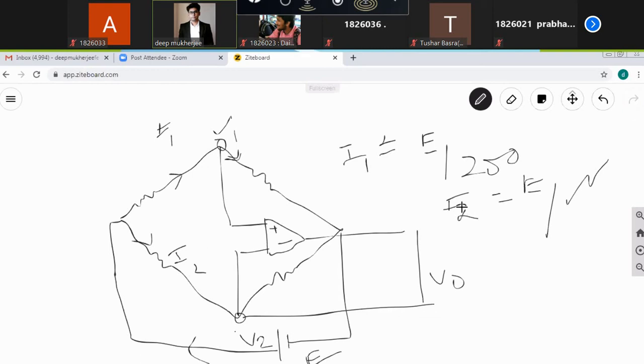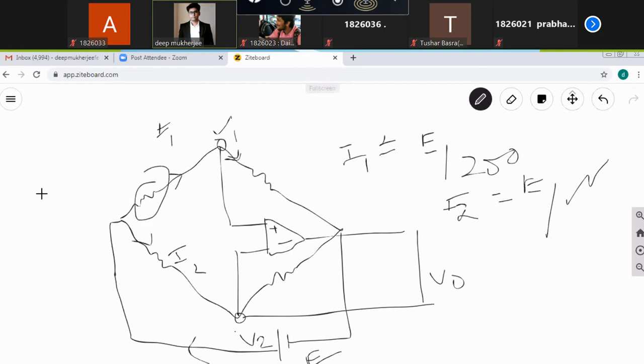Now, what will be the value of this V1 and what will be the value of this V2? V1 means I1 into R1, this resistance value.